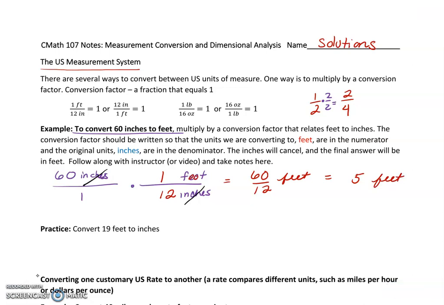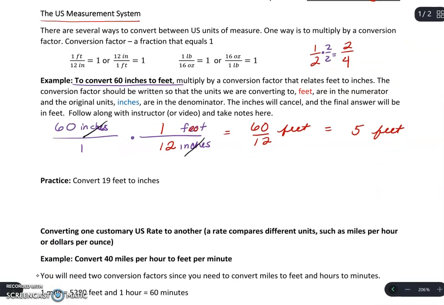Now, one thing I want to note is this is a very different process than the proportion method that you may have used before. So conversions can be done either by proportion, especially when we have map scaling and things like that, or by unit analysis or dimensional analysis. And that's what we're learning here today.